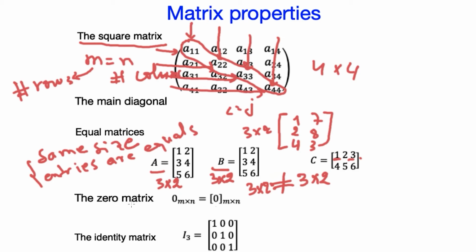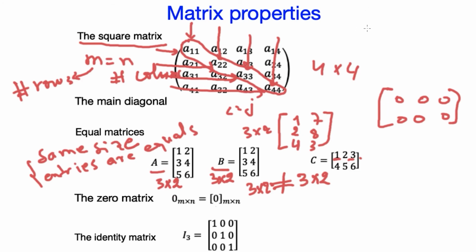And we define the zero matrix as the matrix with 0 entries. So any matrix with any size which has all the entries equal to 0 is called a zero matrix with size m by n, and its role is like the role of zero in scalar numbers.